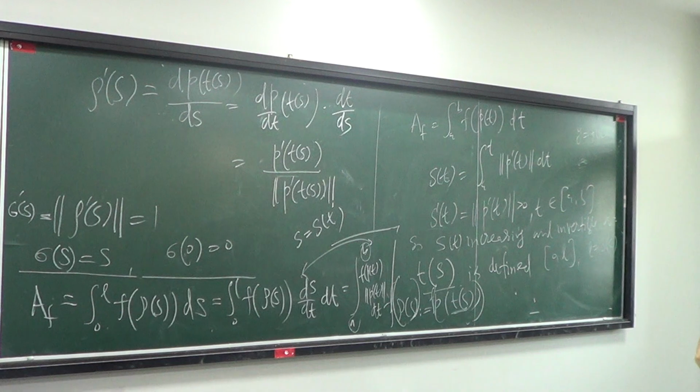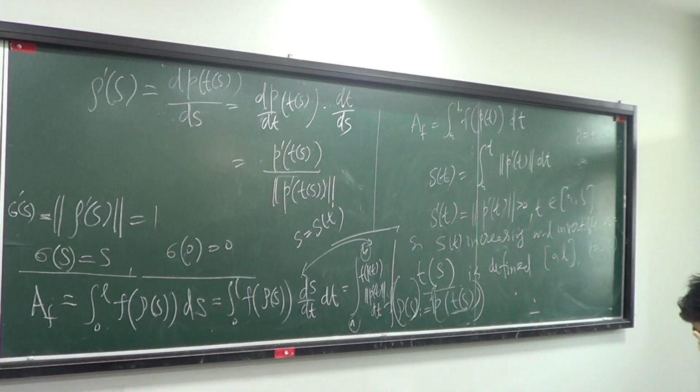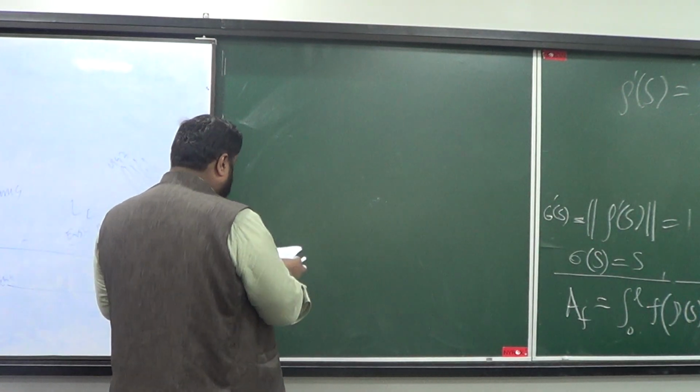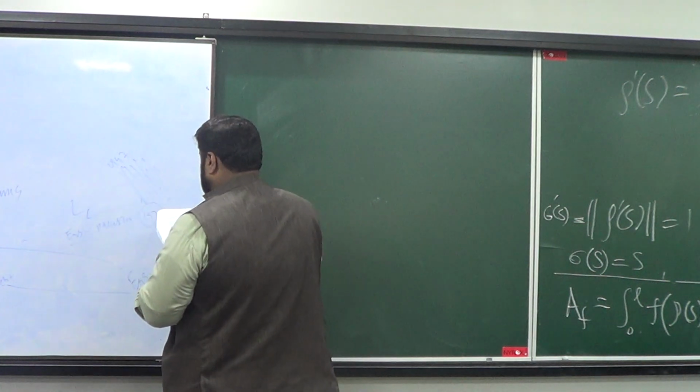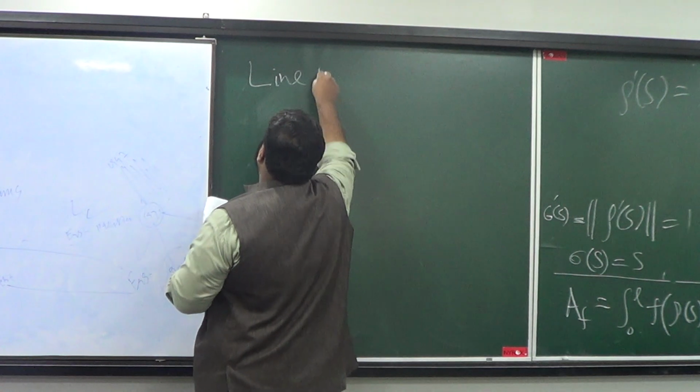So now I can put this in the form of a definition. I could have written this definition directly without giving any intuition about what I'm doing. So here's the definition: line integral.